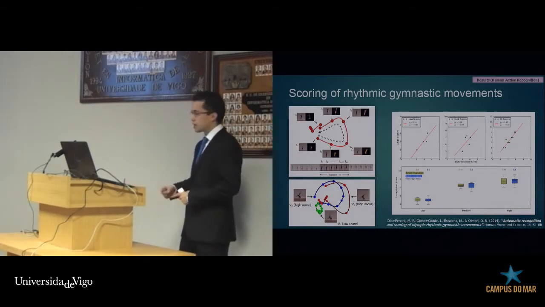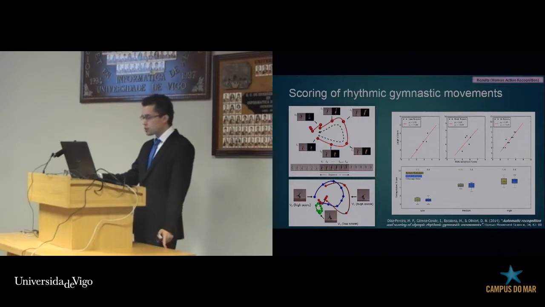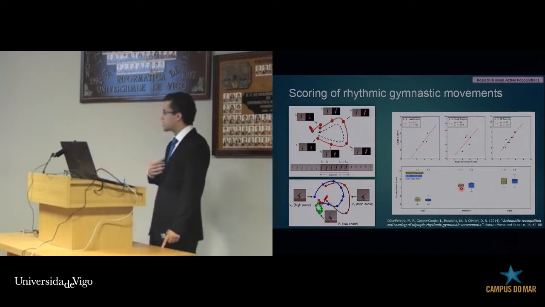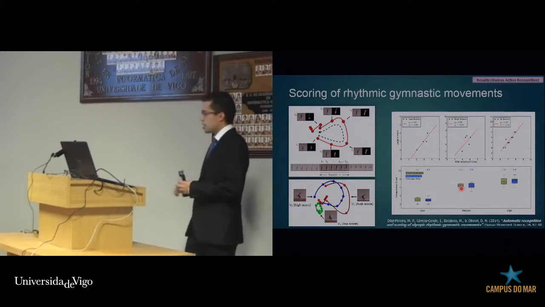And then we can use new videos, and you can see very well with new videos, the blue one is the judge evaluation, the expert evaluation, and the yellow, or green more or less, is our system evaluation. So you can see that you can obtain the same punctuations, the same scores.